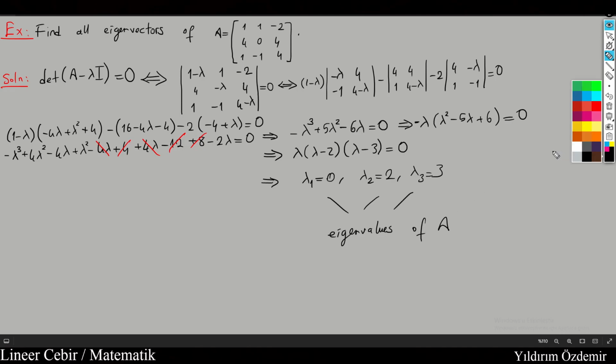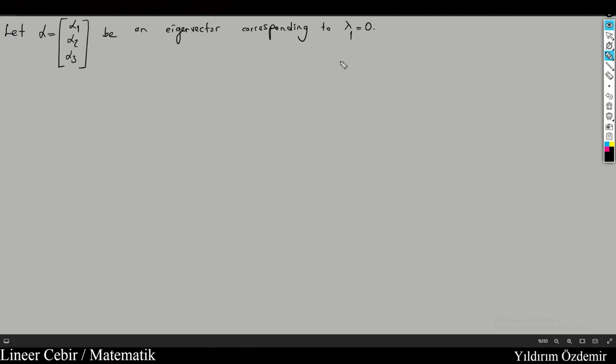And let me give you a hint. Since they are distinct and real numbers, we can easily say that the given matrix is diagonalizable. This is a theorem. So let's try to find all corresponding eigenvectors. Let alpha be an eigenvector corresponding to lambda equal to 0.